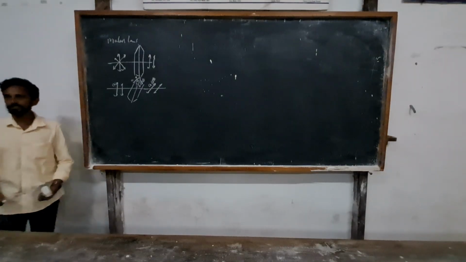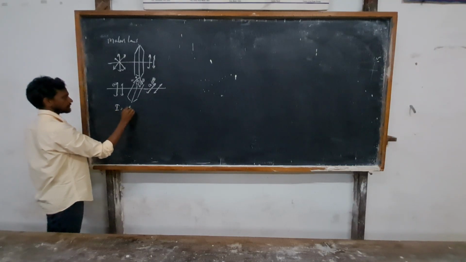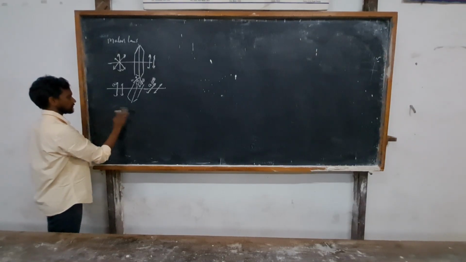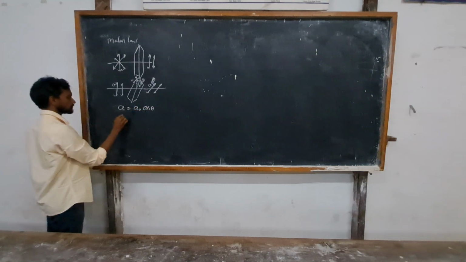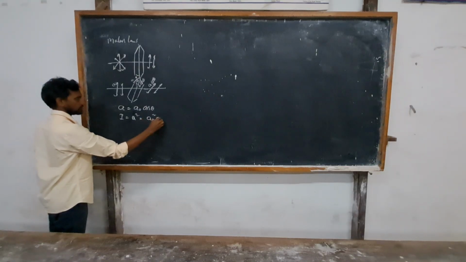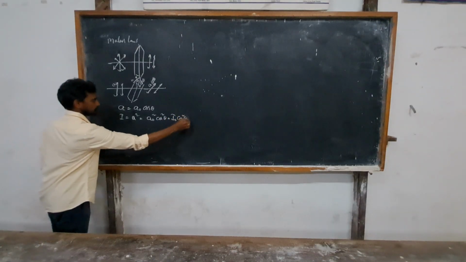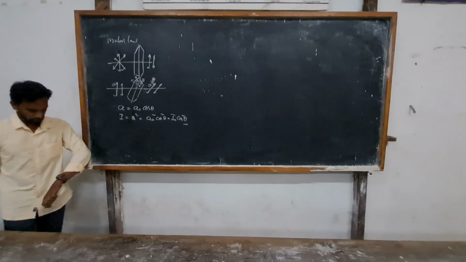So the intensity becomes the square of the amplitude. So intensity varies as cos square theta.